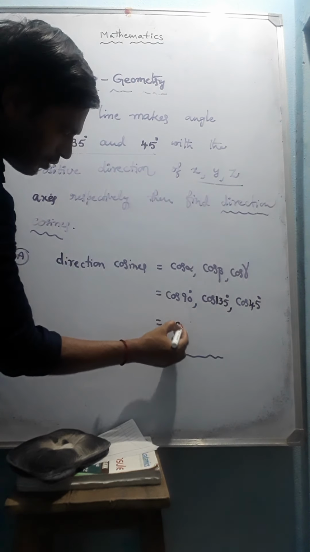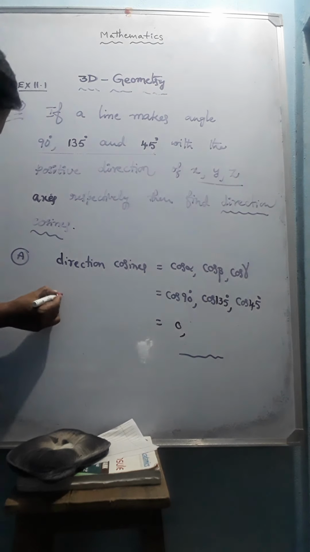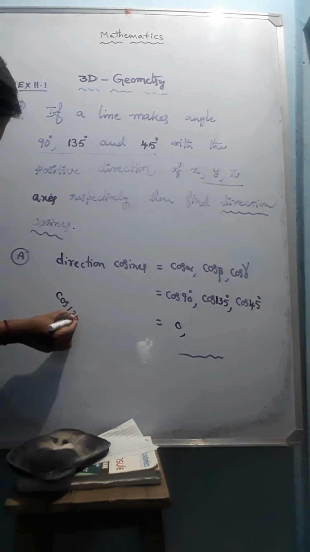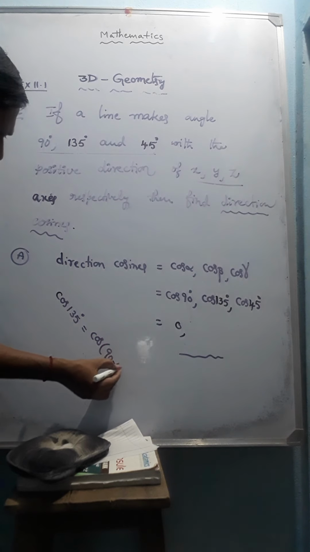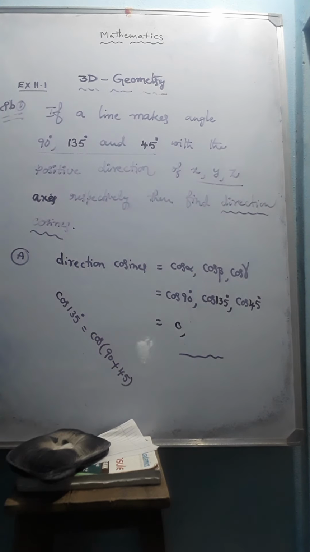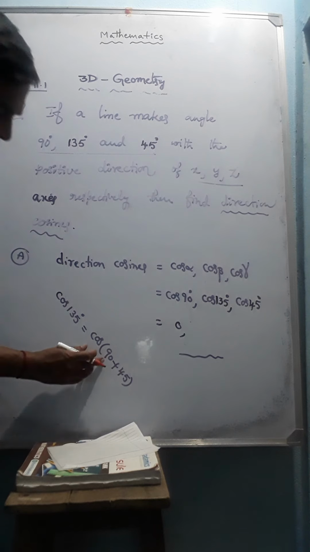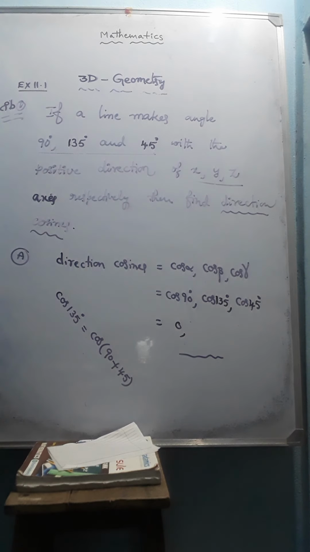Next step. Cos 90 degrees is equal to 0. Cos 135 degrees is equal to cos of 90 plus 45 degrees. So it will come in the second quadrant. 90 plus means second quadrant. In the second quadrant, only sine and cosecant are positive, the remaining all are negative.